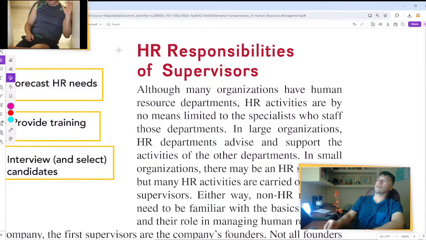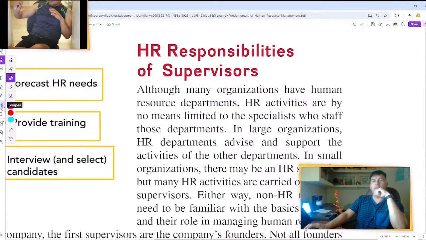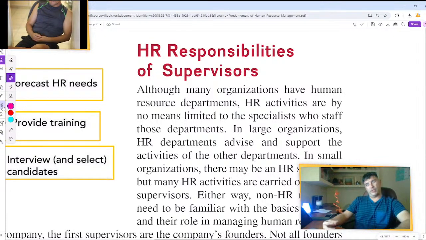For example, many of the responsibilities that the book says the supervisor has are related to the managers. For example, maybe the supervisors are taking care of the review, and I think they kind of put the managers inside.